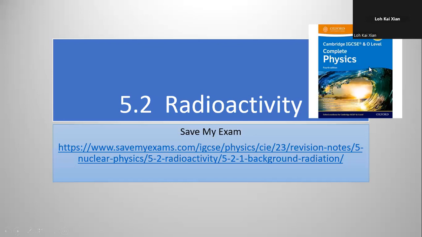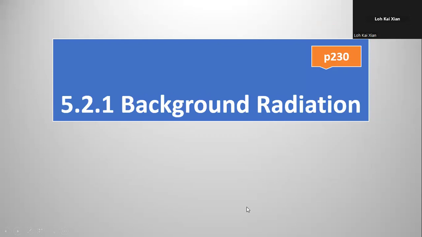As usual, this is the textbook that we are using. This is where I get the notes. If you want me to send you the notes, let me know. We are now coming to radioactivity, on page 230, background radiation.